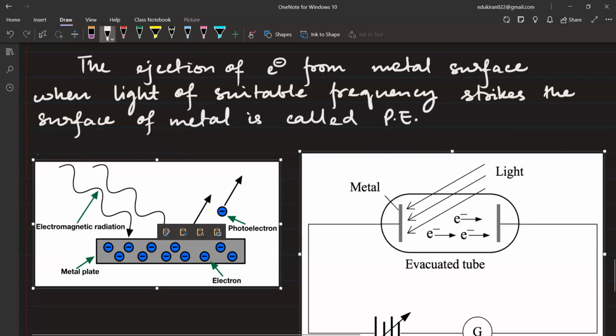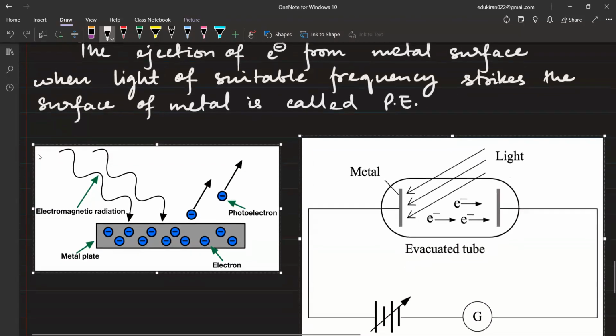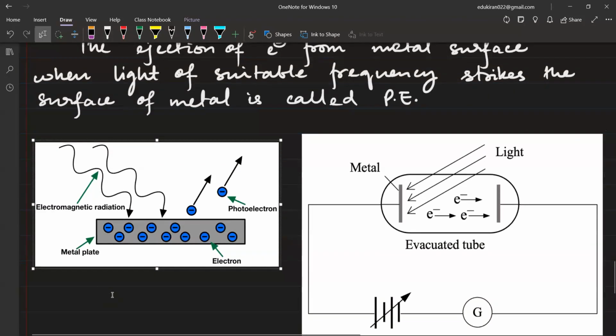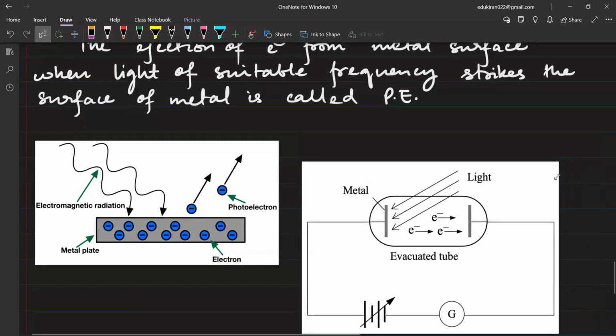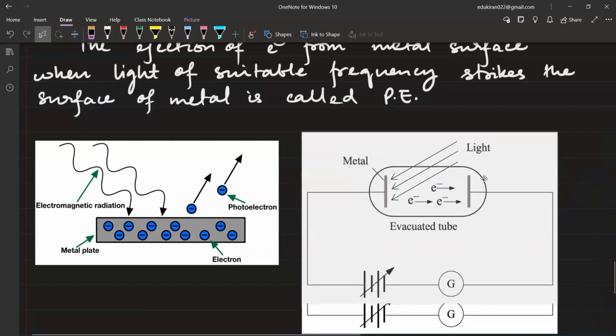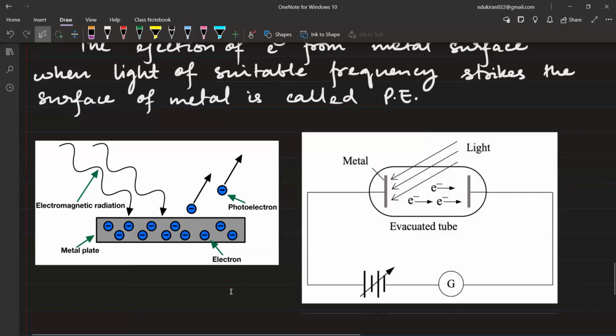The first picture shows what actually happens: when a particular light, an electromagnetic wave of suitable frequency, hits the metal surface, the negatively charged electron gets ejected. This is what is happening. That is the photoelectric effect, and how it was done is shown in the next figure.